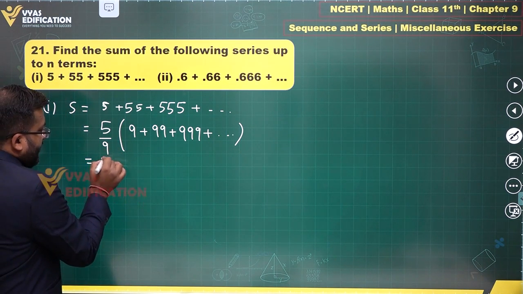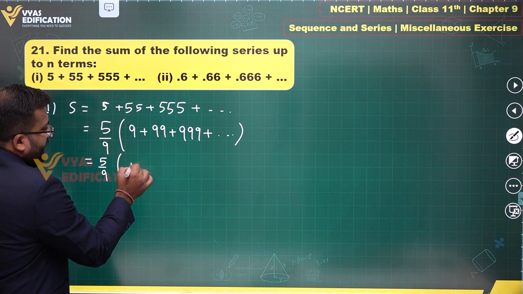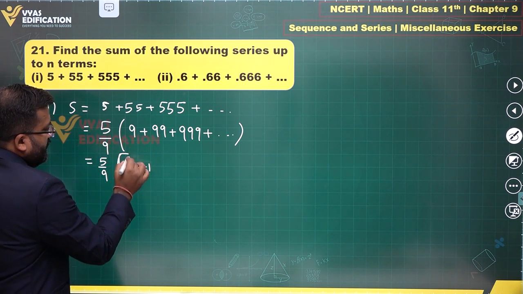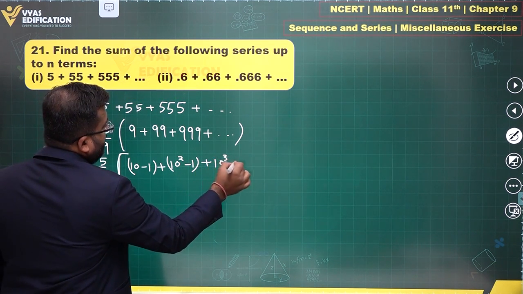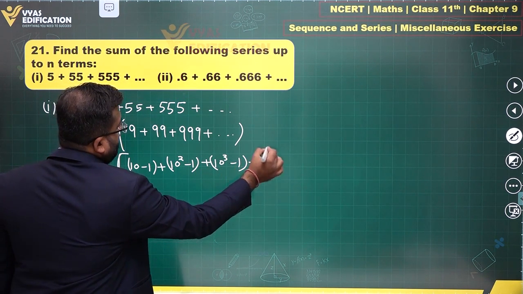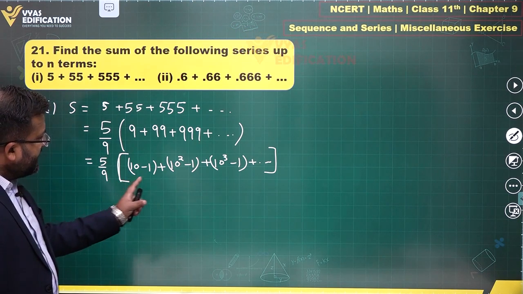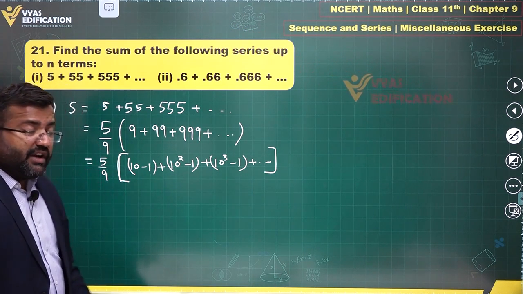And this series, 5 by 9 is okay. In the bracket, I get 10 minus 1 plus 10 square minus 1 plus 10 power 3 minus 1 plus dot dot dot. And once you see this, this is 10, 10 square, 10 power 3 up till 10 power n.